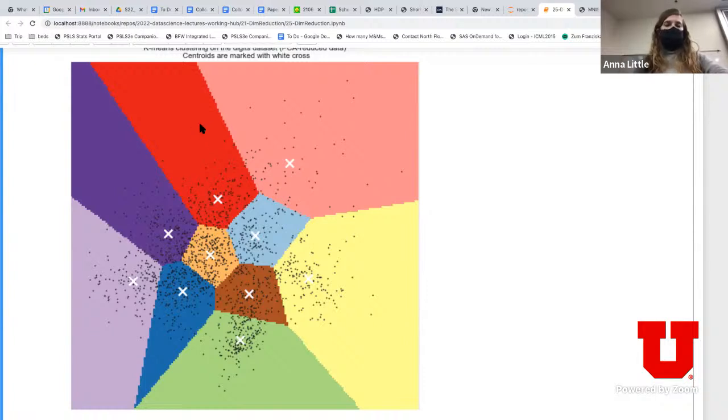If I come in right here, I'm closest to this centroid, so I'm going to associate this point with that centroid. Basically, once you have your 10 centroids, they define a partition of the whole space. So we run k-means, we get these 10 centroids, and then we can think of that as defining these classification boundaries, if we like.